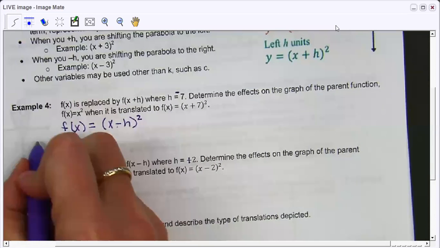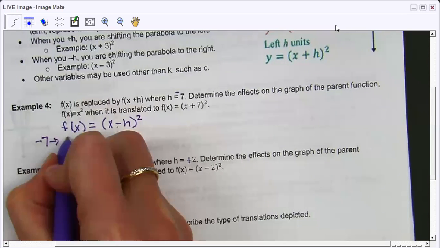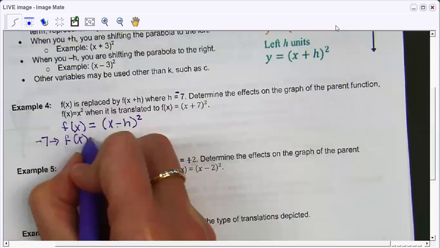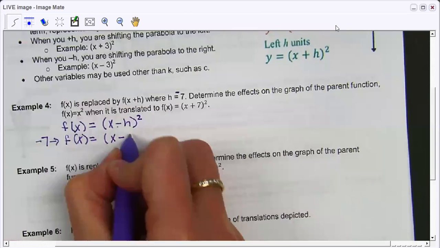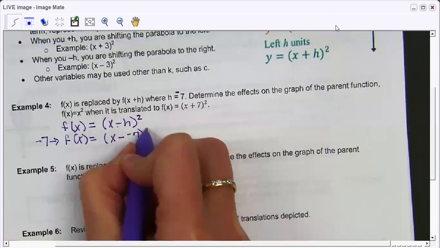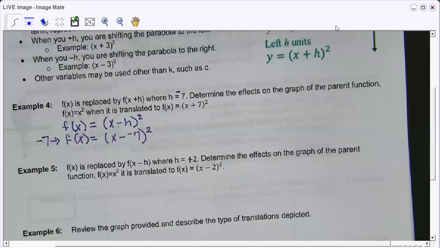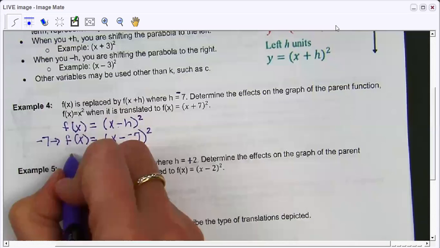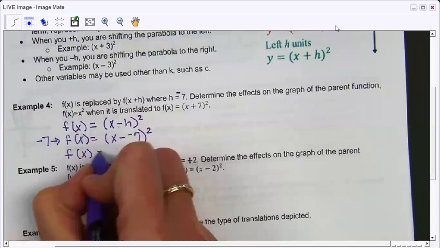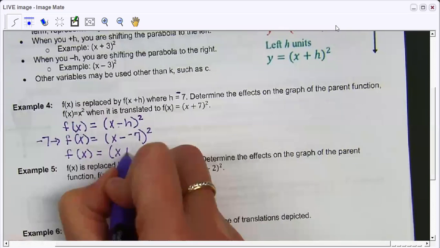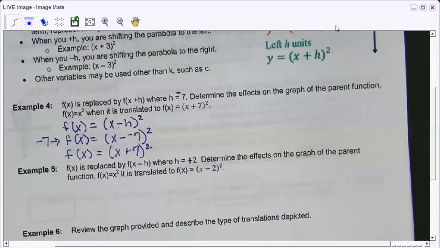So I'm going to plug -7 into my equation. Now we know that subtracting a negative becomes a positive, so in the equation it's actually going to look like (x plus 7) squared.